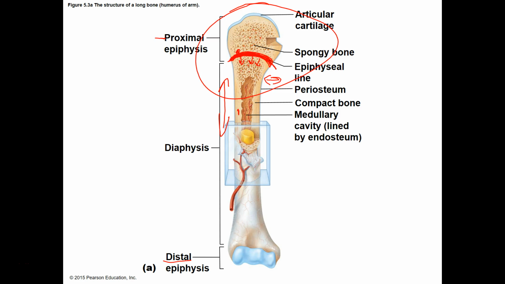The problem is we hear it talked about a lot of times: oh, you got a break near the growth plate. Well, if at a young age we suffer a fracture near or right on that growth plate, the healing process may cause that growth plate to close up faster than what it was programmed to do, and you wind up with one leg shorter than the other or one arm shorter than the other, because the injury damaged that growth plate and caused it to bone in, so to speak, sooner than it was supposed to.